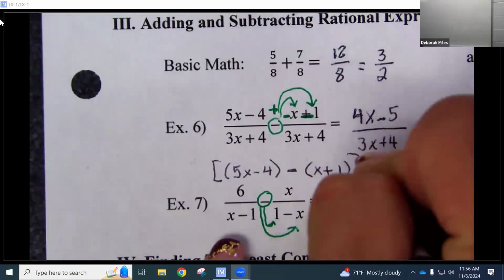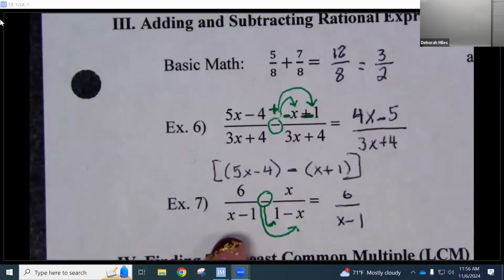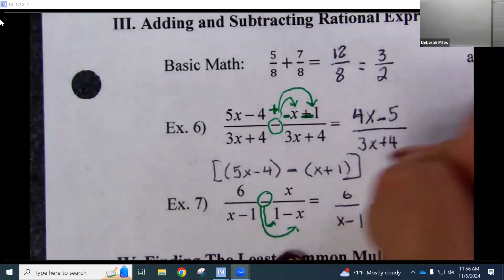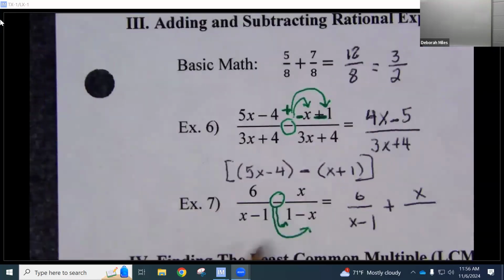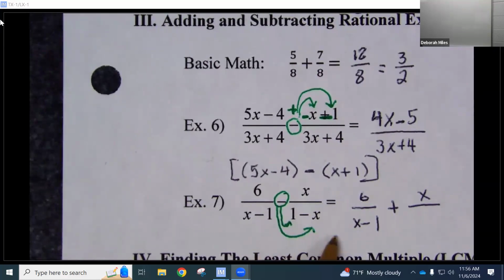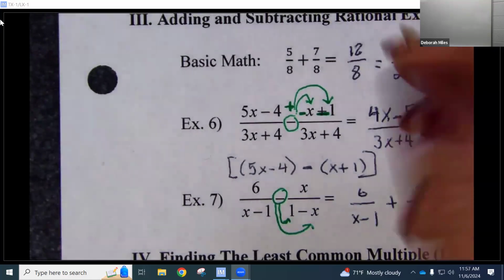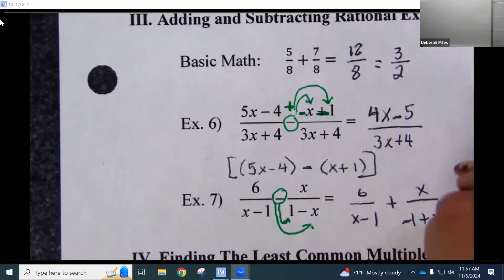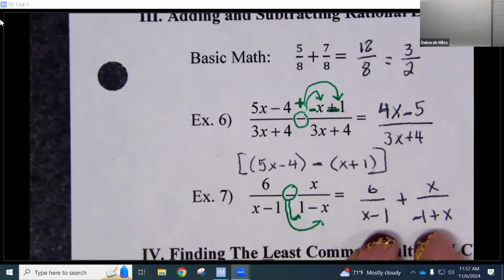I'll have 6 over x minus 1 plus x over, if I distribute a negative 1 through the denominator, I'd have negative 1 plus x. Is that the same thing as x minus 1? Yeah. As long as the x's are both positive and the 1's are both negative, they're the same.